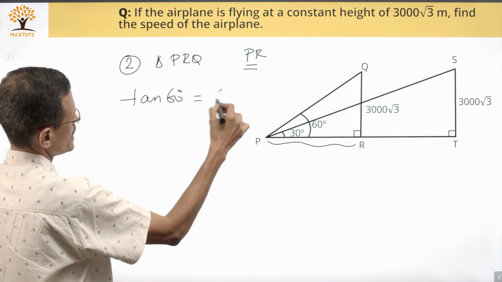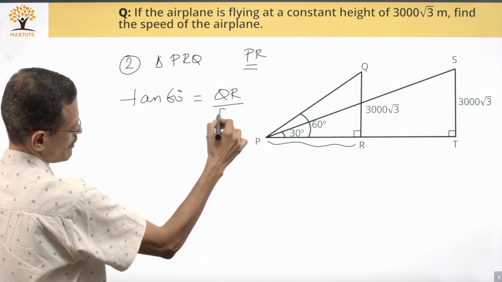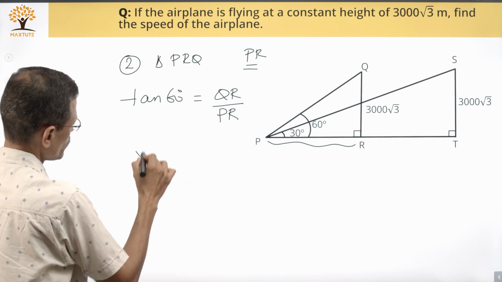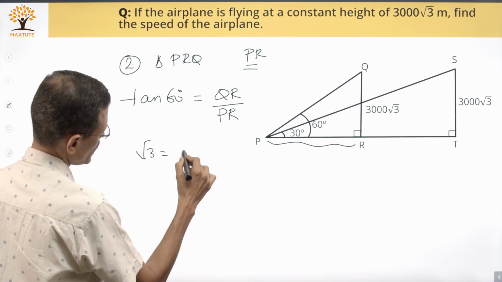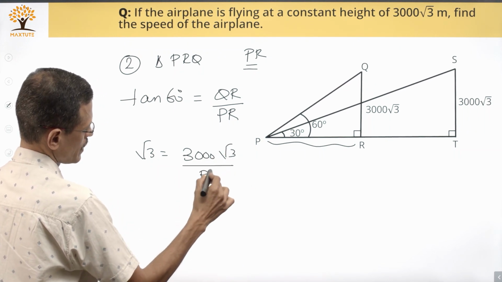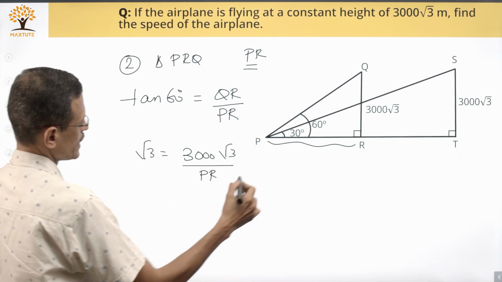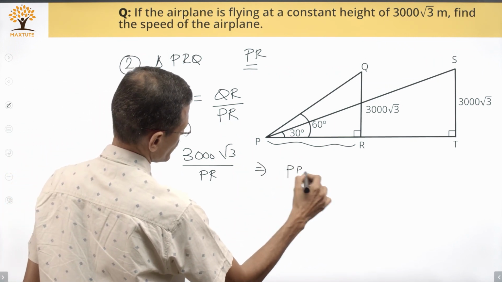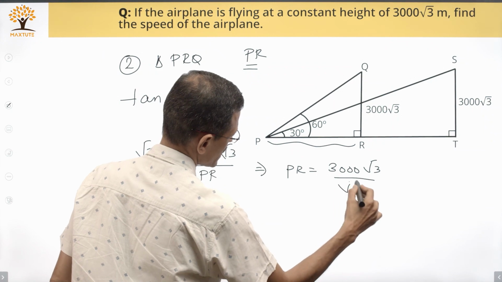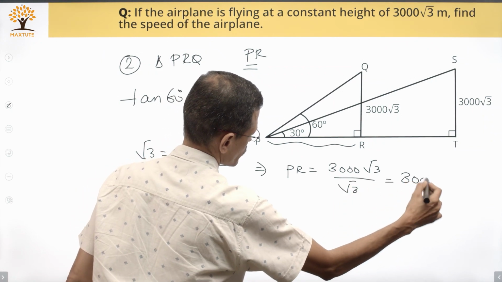Tan 60 degrees is equal to QR, the opposite side, divided by PR, the adjacent side. Tan 60 degrees is equal to root 3. QR is 3000 root 3, divided by PR. Cross multiply PR and root 3, and we get PR equal to 3000 root 3 divided by root 3, which is equal to 3000.